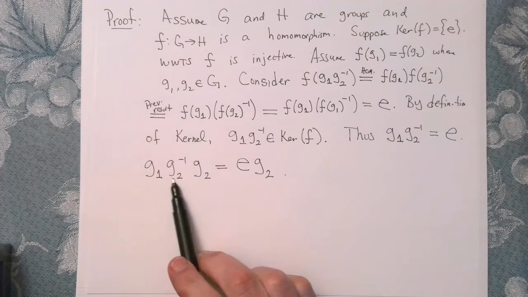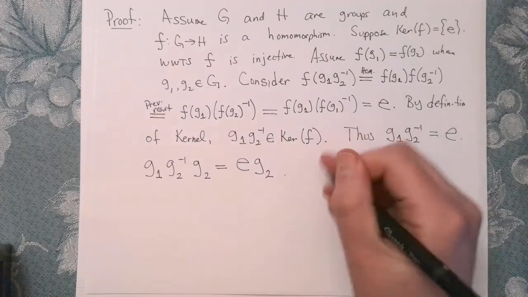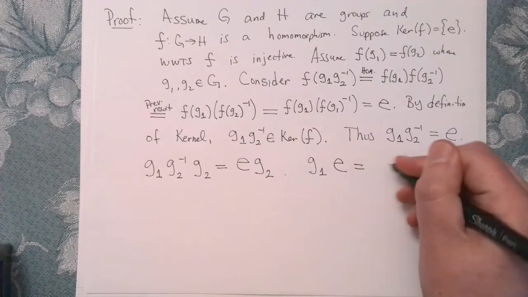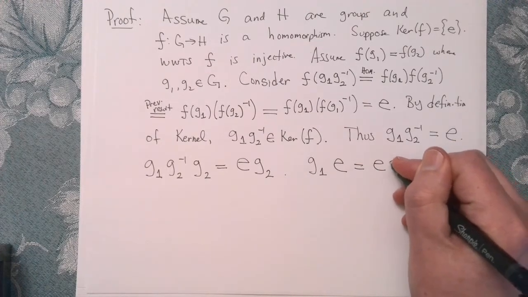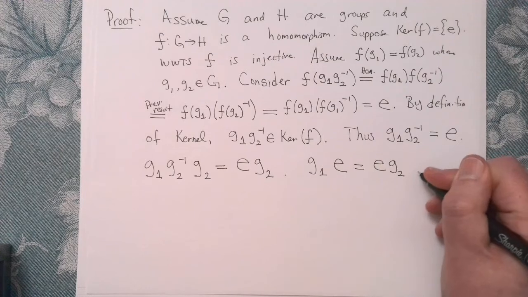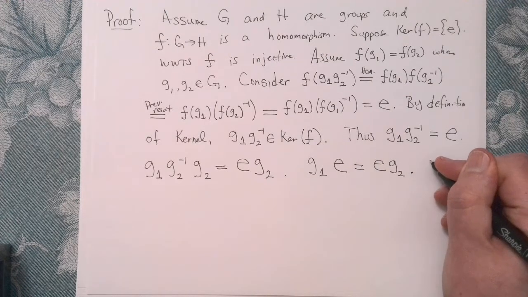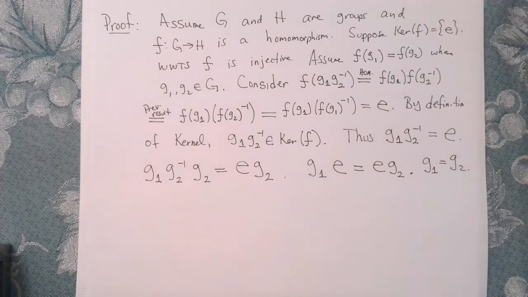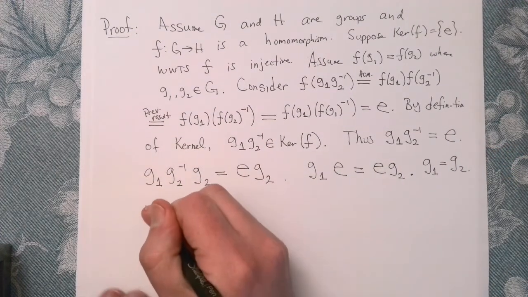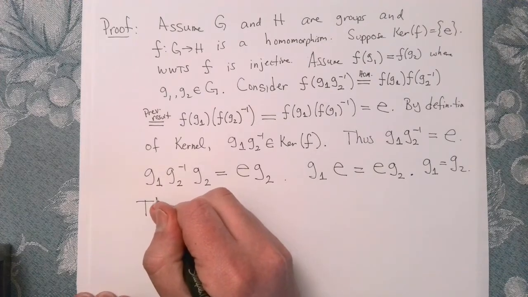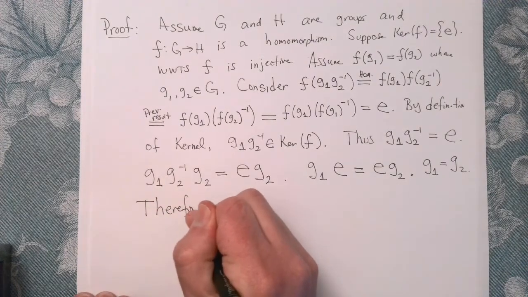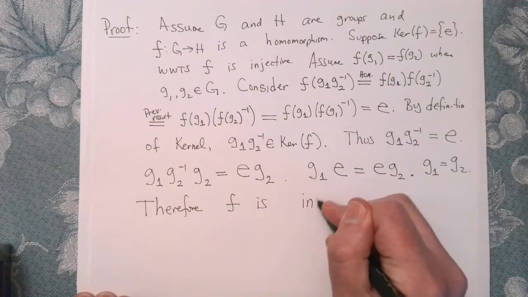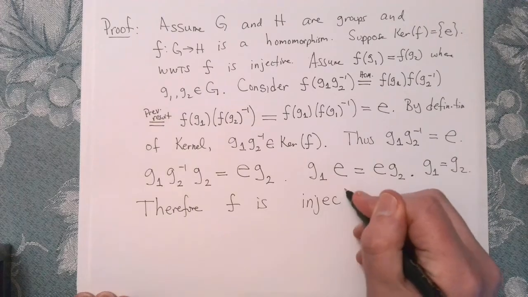Okay, so we know that this is the identity element. So we have G1 times the identity is equal to the identity times G2. And therefore, we have G1 is equal to G2. Therefore, F is injective.